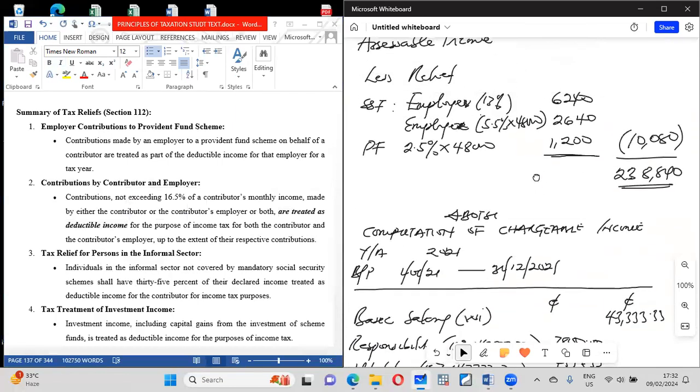So this one too, there was an additional 2.5. So please make sure you deduct another 1,000 too. All right, so that one will mean that the first one we did is 238,840.